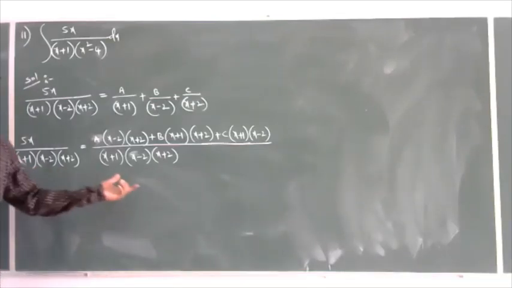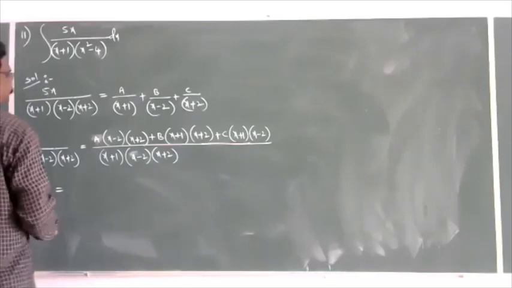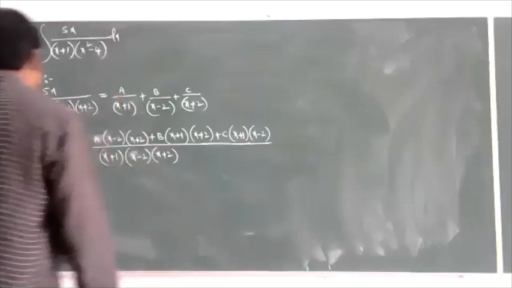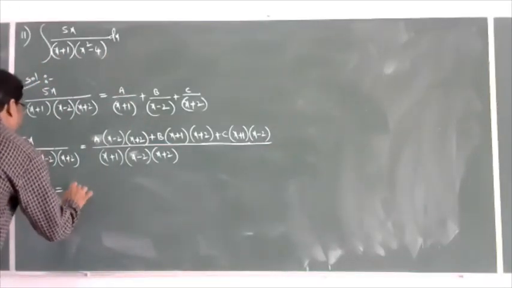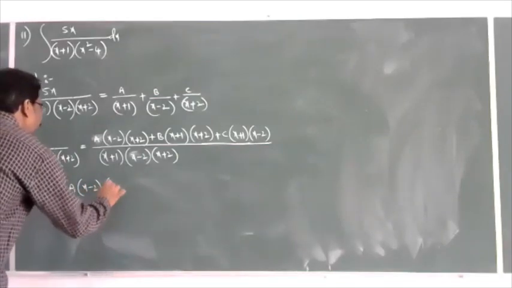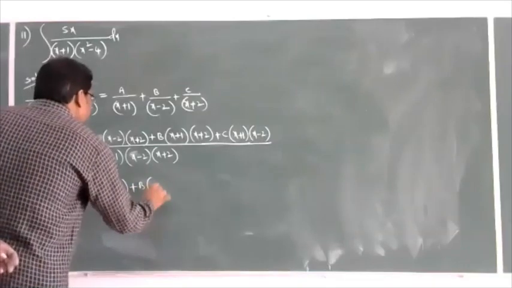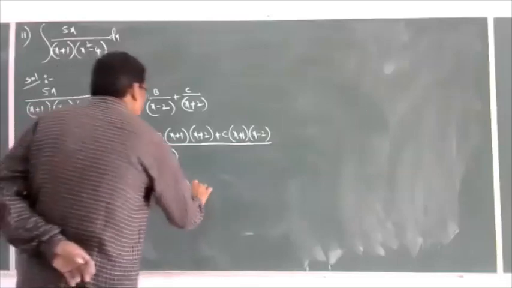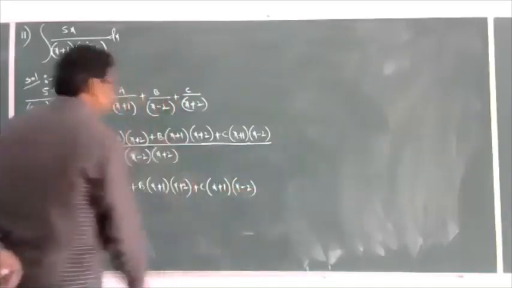Both sides, denominators are cancelled. That is 5x is equal to A into (x minus 2) into (x plus 2) plus B into (x plus 1) into (x plus 2) plus C into (x plus 1) into (x minus 2).